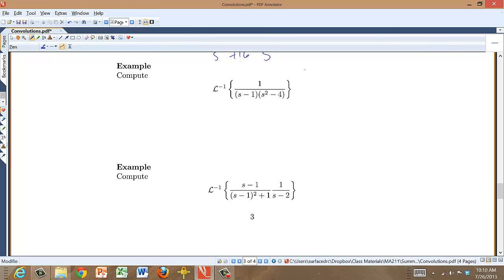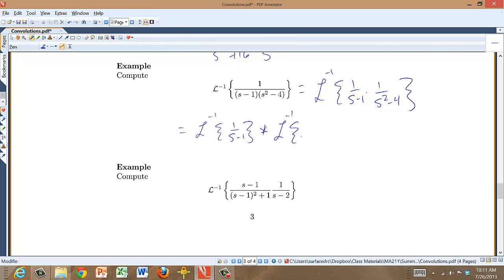Okay, let's compute some inverse Laplace transforms. This one, again, you could do partial fractions, but I'm not going to do that. This is the inverse Laplace transform of 1 over s minus 1 times 1 over s squared minus 4, and you know how to inverse Laplace transform each of those individual parts. So this is the inverse Laplace transform of 1 over s minus 1 convolved with the inverse Laplace transform of 1 over s squared minus 4.